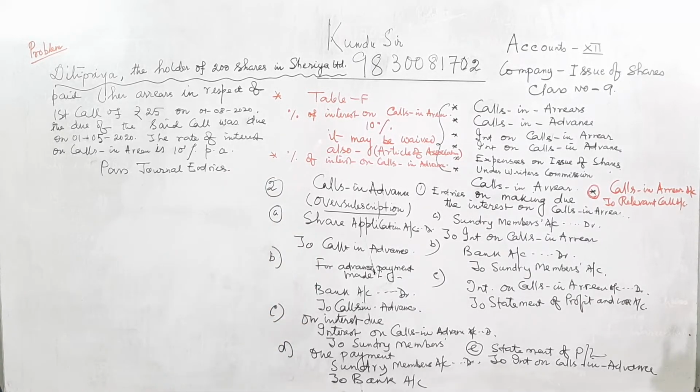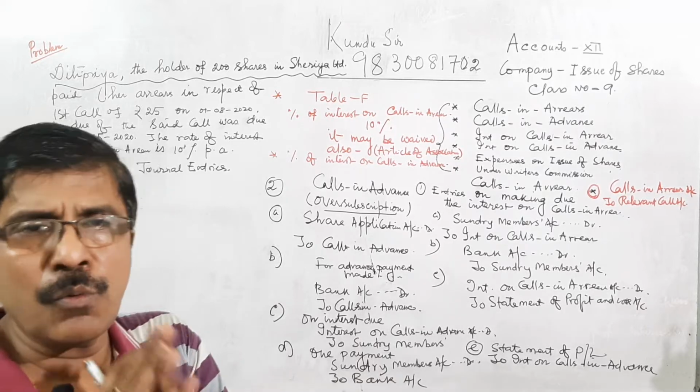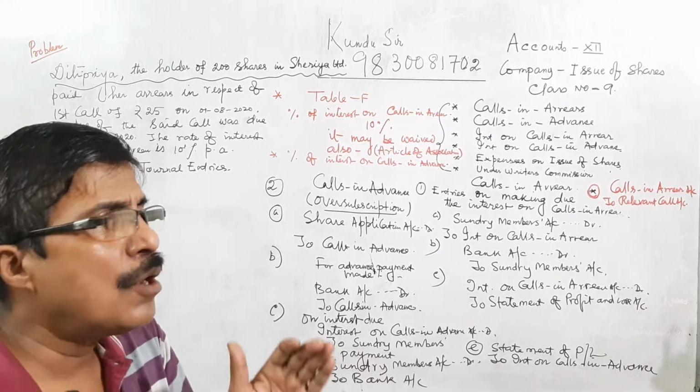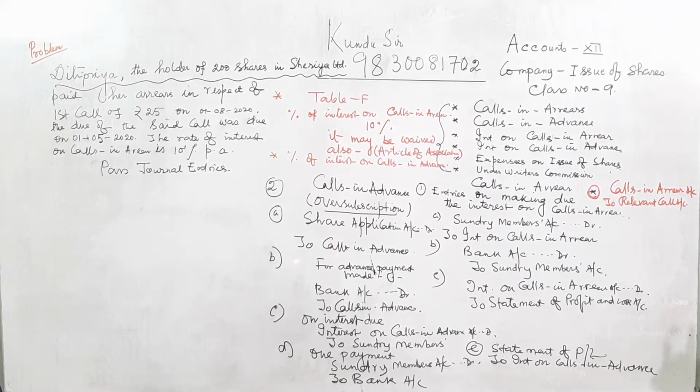Now, calls in advance account. When the company charges interest on overdue, and an applicant who has paid in advance, he or she, the member of the company, is entitled to get interest.